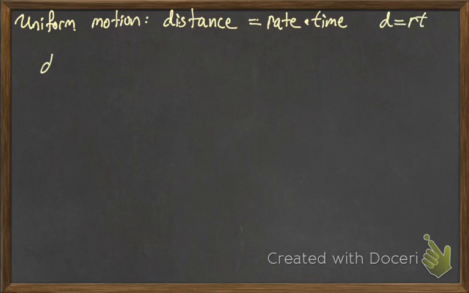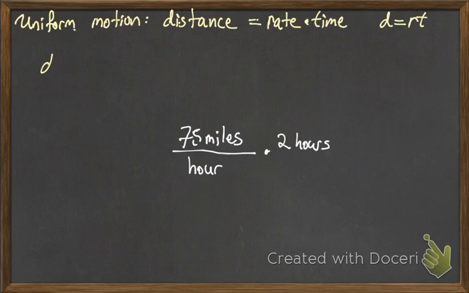For example, if you're traveling 75 miles per hour and you travel for 2 hours, the units of hours will cancel, and 75 times 2 will be 150, and that would be miles there.